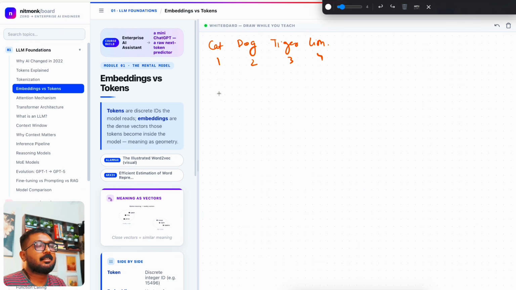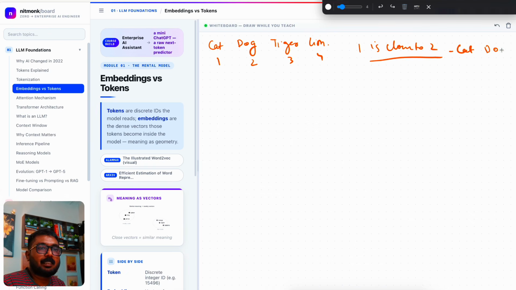Now I said let's make features so that we get a proper understanding. If I say 1 is closer to 2, then cat and dog are closer, but that is very ambiguous.